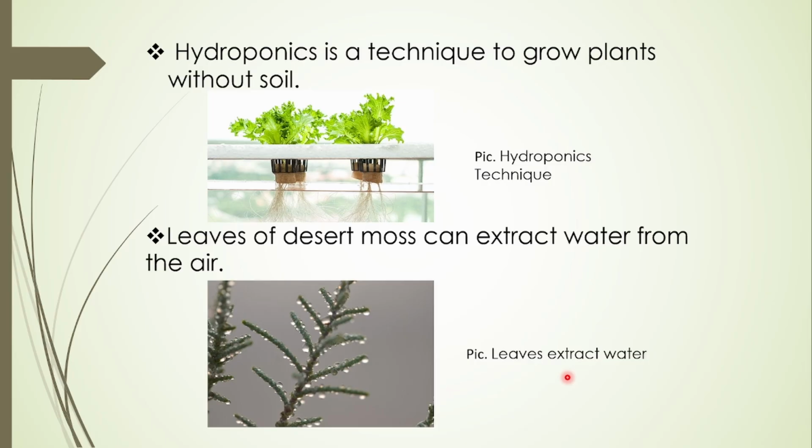Then there are hydroponics and desert moss. These are the two techniques. Hydroponics is a technique to grow plants without soil. It does not require soil. They will grow directly in water. The minerals and essential nutrition will be absorbed from that water.